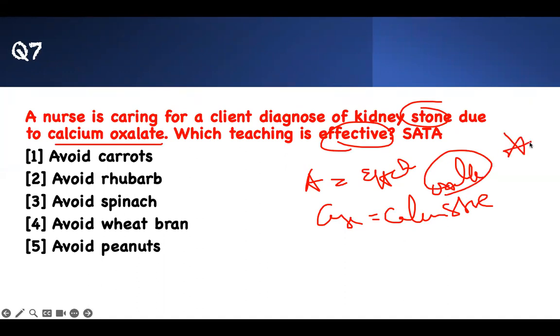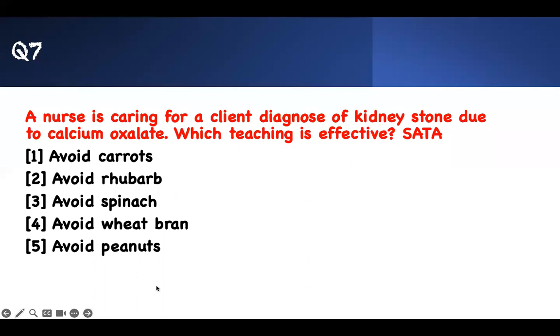That's all. So which one is effective? Carrot does not increase oxalate, so it's not. Avoid rhubarb. This is the number one cause of calcium oxalate. Spinach has a lot of oxalate in it. Wheat bran, oxalate, and peanuts, oxalate. So these you need to avoid. That's the answer right there.